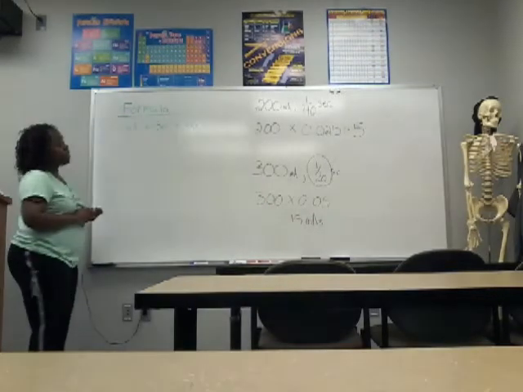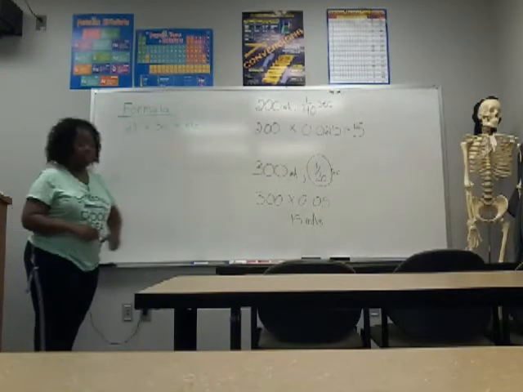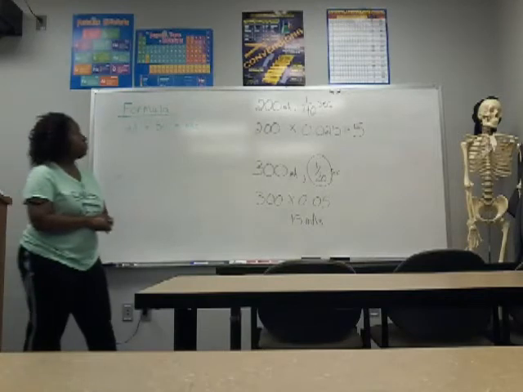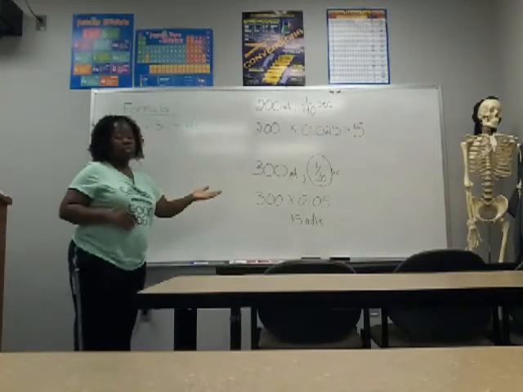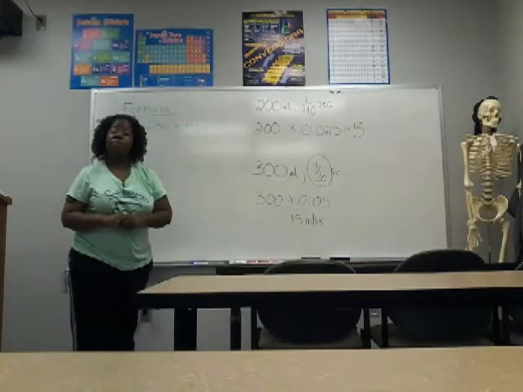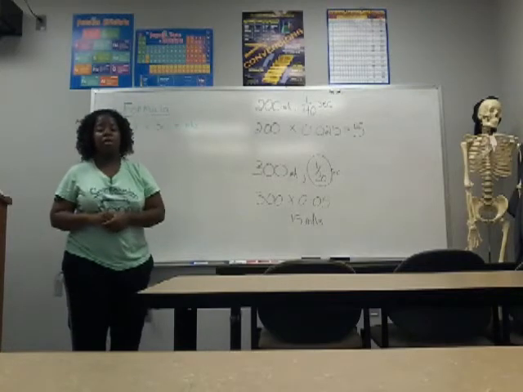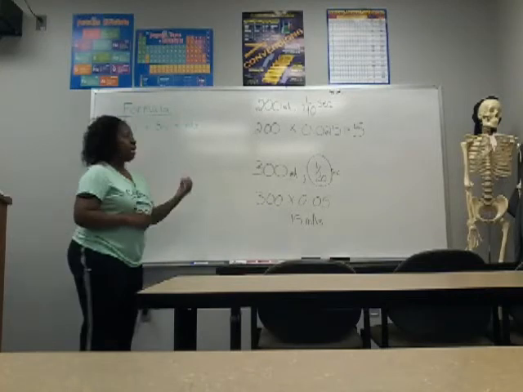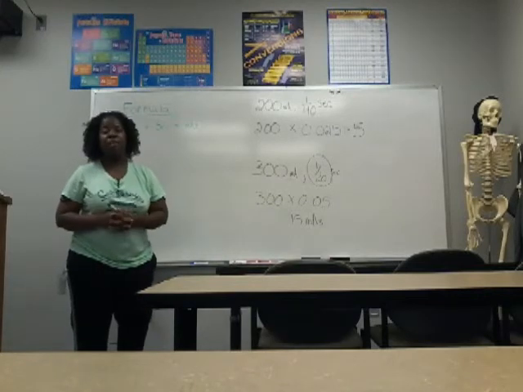Those are simple. Those are how we calculate the mass. So you figured out how to do it with decimals and even converting the fractions into decimals. Now let's work on converting milliseconds into seconds and then finding out our mass.